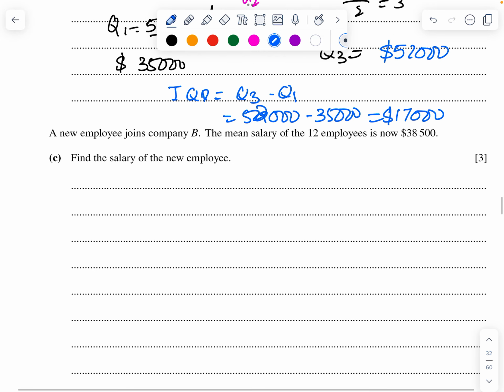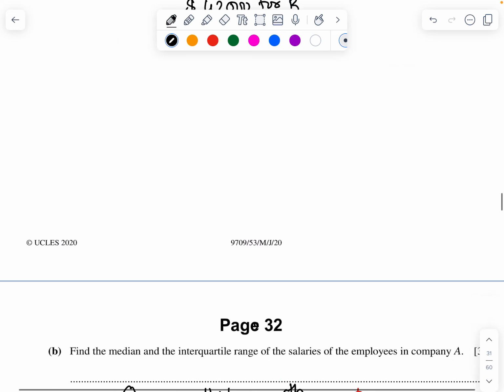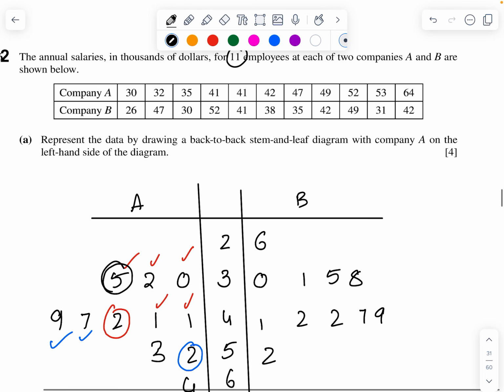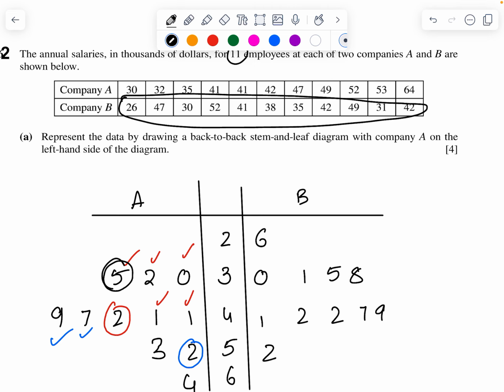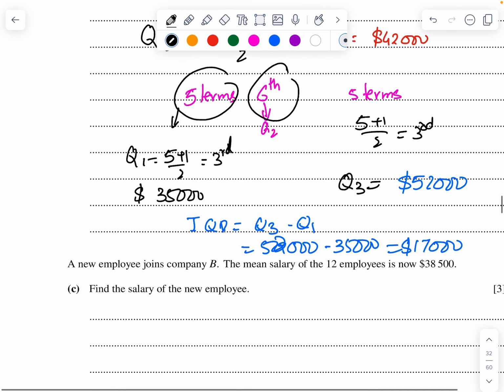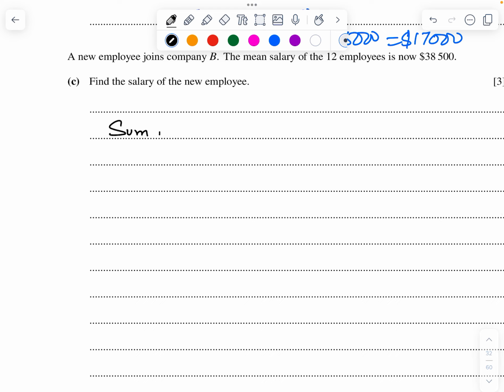A new employee joins B. The mean salary of 12 employees is given. Calculate the salary of the new employee. First of all, we will add all the 11 salaries of company B. The sum of the 11 members' salaries, when you add it out, is 433,000.